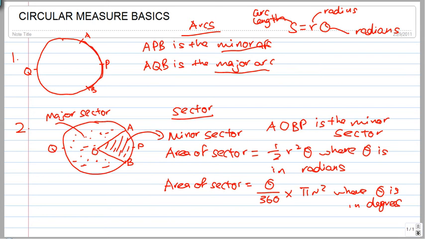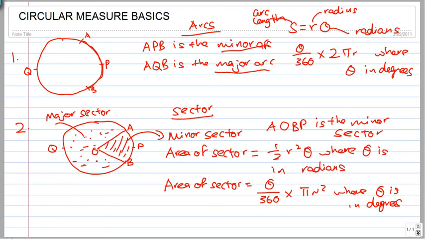Or you can take theta over 360 times 2 pi r. It's a fraction of the circumference, isn't it, arc? So you take theta over 360 times 2 pi r, where theta is in degrees.